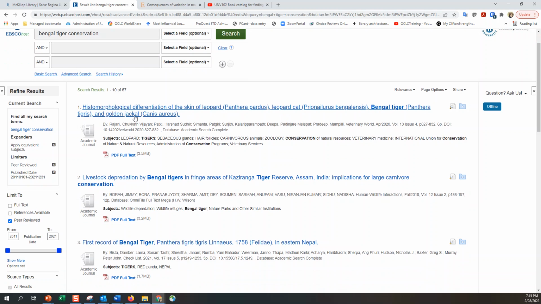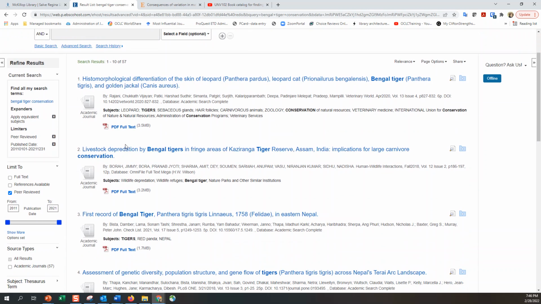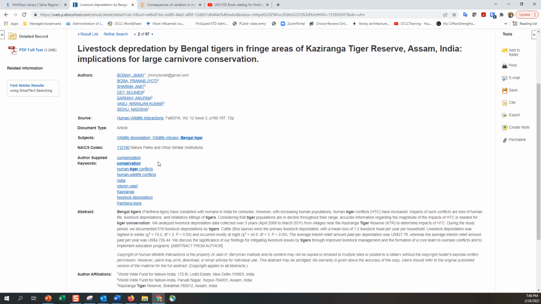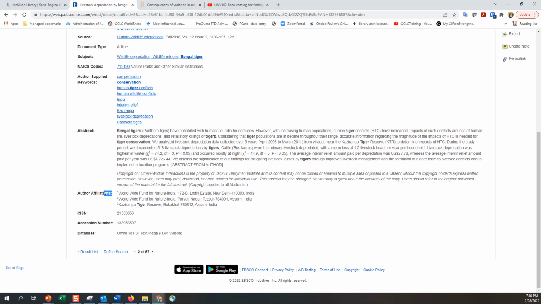And maybe we want to take a look at, say, this article right here, talking about what happens when Bengal tigers eat livestock. So if I click on this title, it shows the authors. And in EBSCO, they do another little superscript number. And if you scroll down, they have an author affiliation section, and they have the numbers here, and you can see where they're affiliated with.